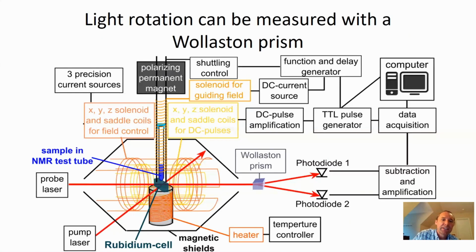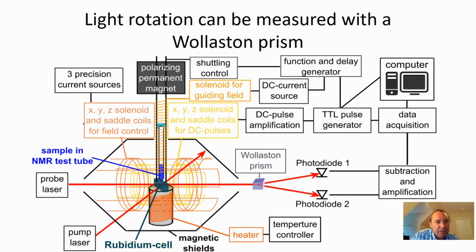And so now we can talk a little bit more about the parts that are on the outside to make this all work. Just for a moment, focus on what is labeled polarizing permanent magnet. That's what we were talking about just a moment ago. And the NMR tube has the liquid shown in blue.